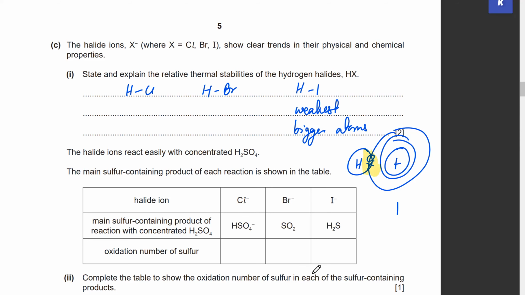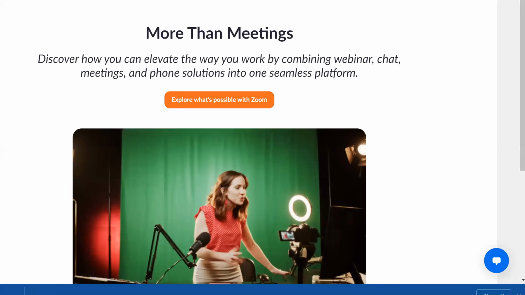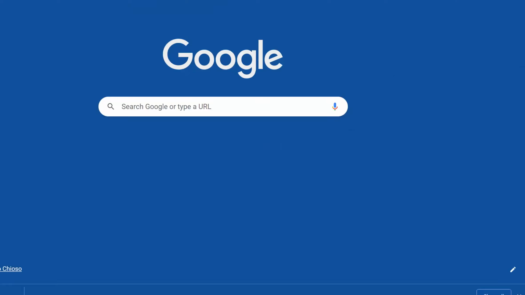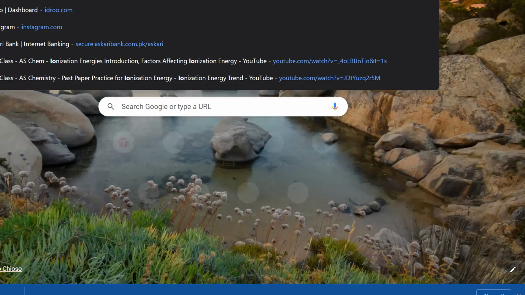There are a couple of things that you write. When you have a bigger atom, right? Smaller atoms tend to make stronger bonds. Let's say I have a fluorine molecule, okay? Let me see if I can find this on Google. Just one second. Fluorine molecule, and I've got an iodine molecule.